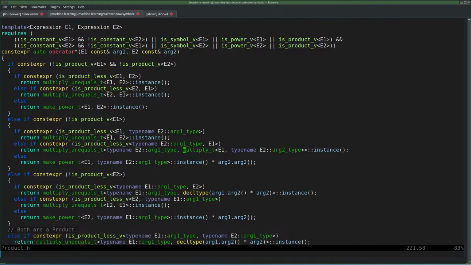So all the stars now can be replaced with multiply. So we do multiply T, and then this returns a type. So we can now remove the instance from that. And then the type of this one.